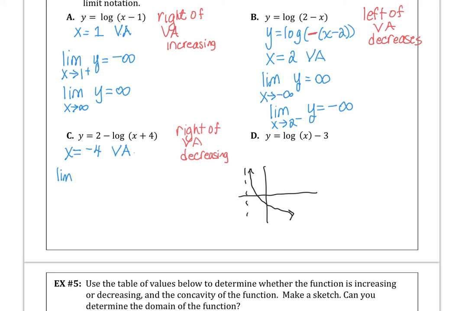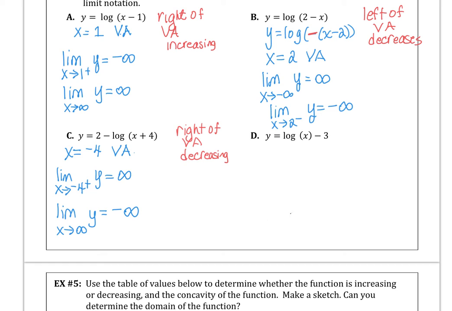The limit as x approaches -4 from the right of our function is unbounded upward, and the limit as x approaches infinity on our graph is heading to negative infinity. The sketch always seems to help me out.